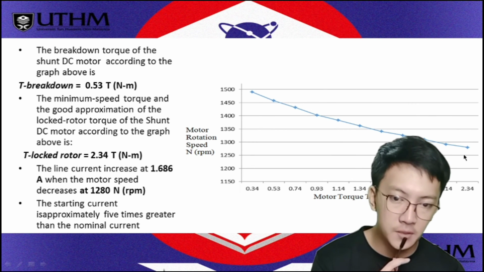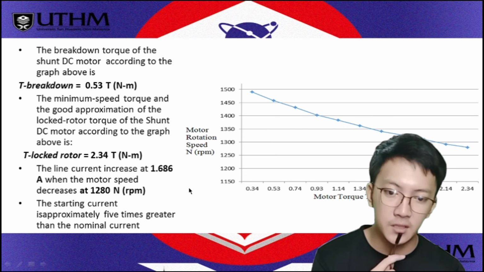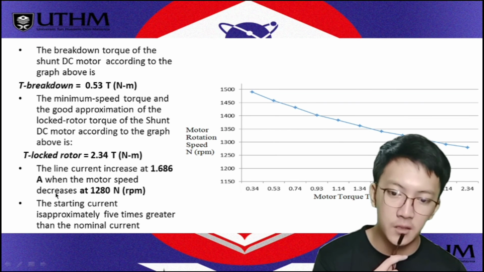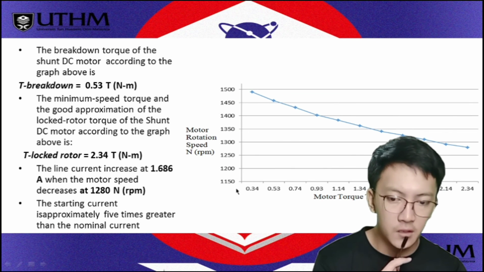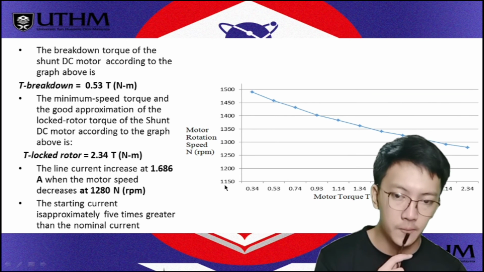The minimum speed torque is 2.34, and the line current increases to 1.686 when the motor speed decreases to 1280 RPM. The starting current is approximately 5 times greater than the nominal current.